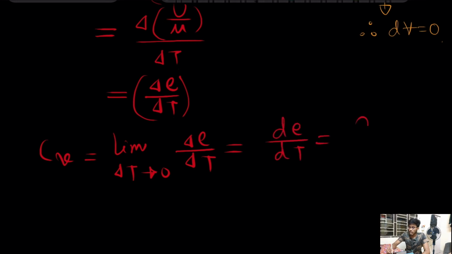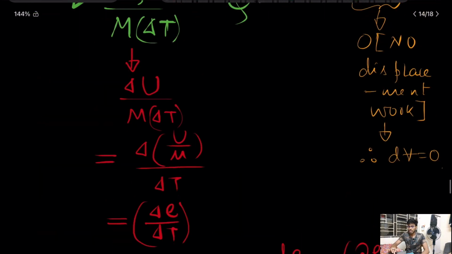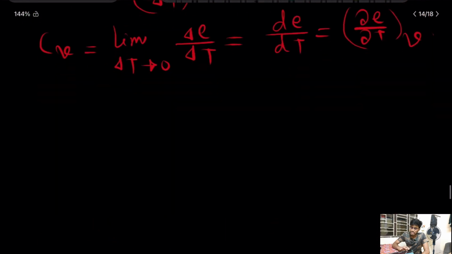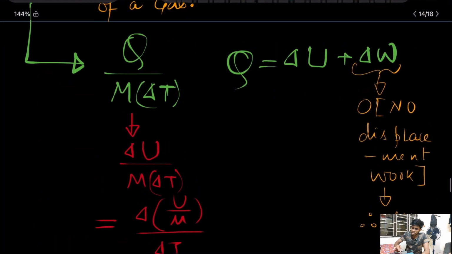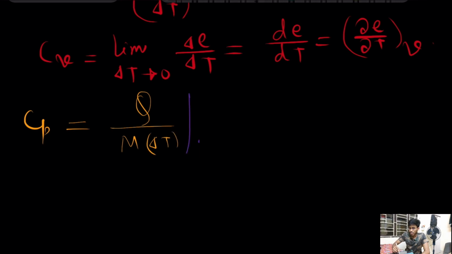I can also write this as del E by del T at constant volume. And now you will see Cp and Cv. Cp is actually the same thing, Q by M delta T, but at constant pressure.